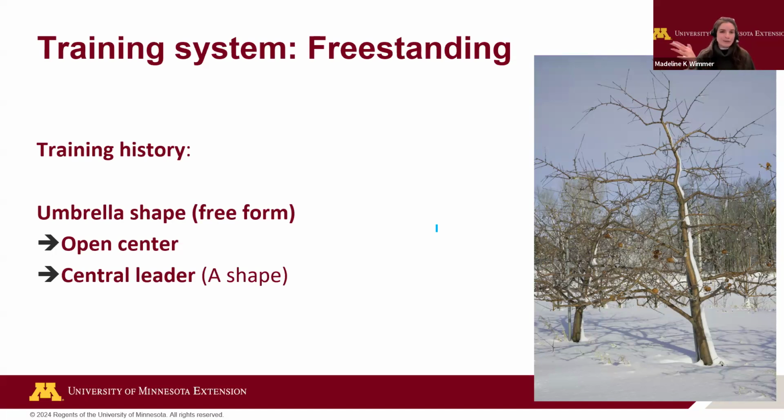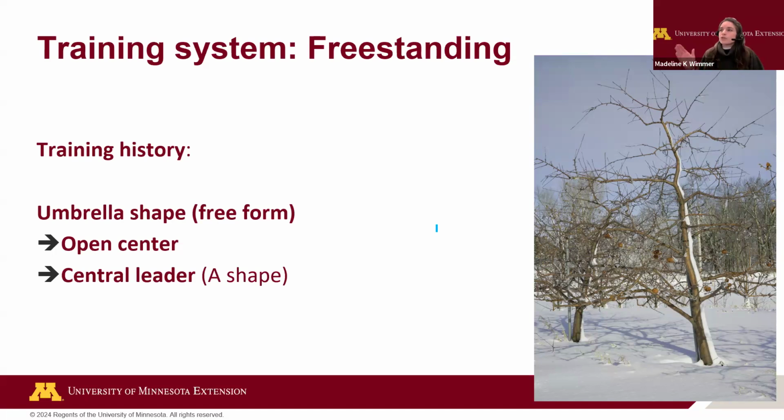And all of this, understanding how apple tree habits are, led to this final central leader shape, which really looks like an A-frame or a pyramid, or sometimes people will say Christmas tree shape. But the difference is that if you've ever heard of Christmas tree pruning, they're literally pruning that tree into the shape. We're not doing that here.